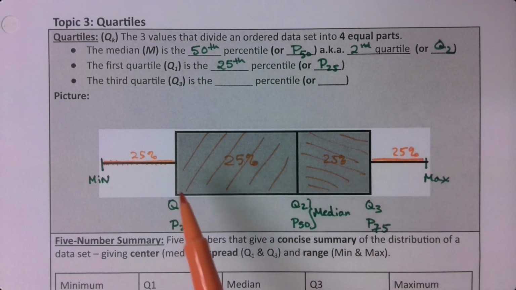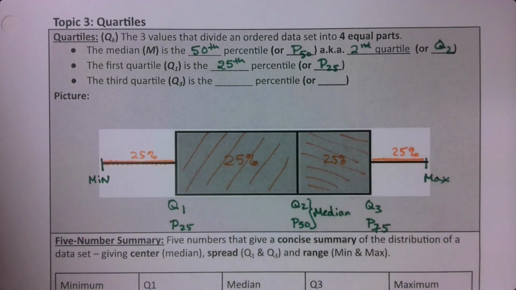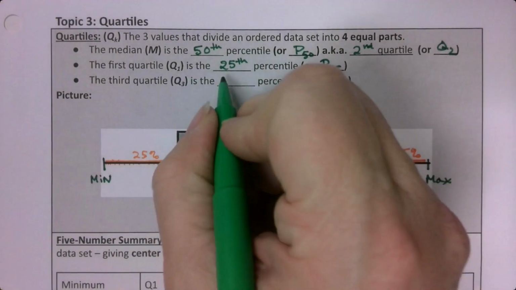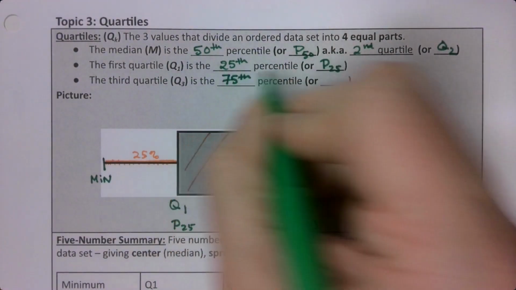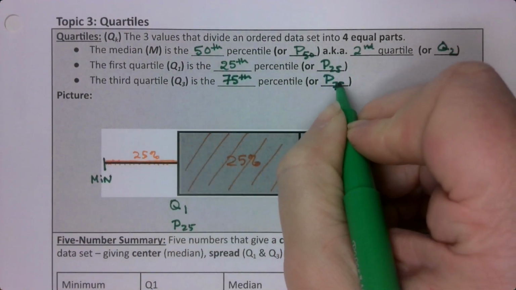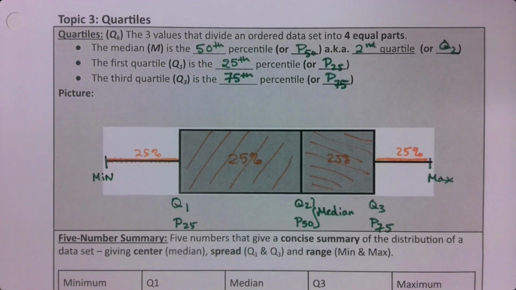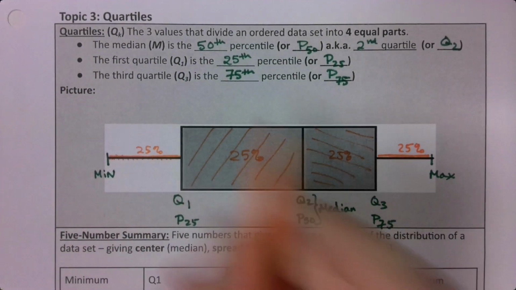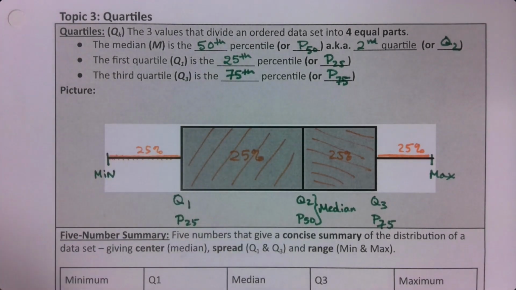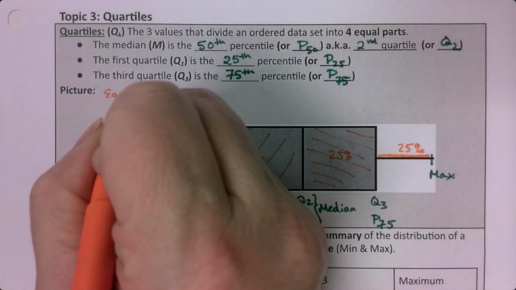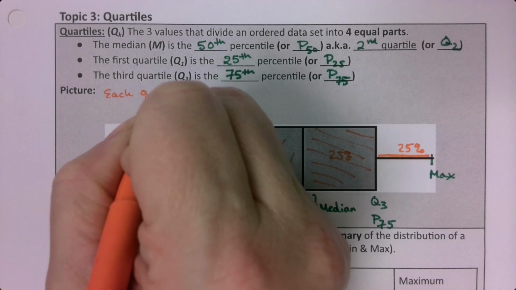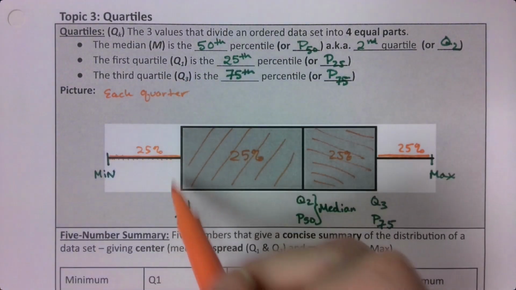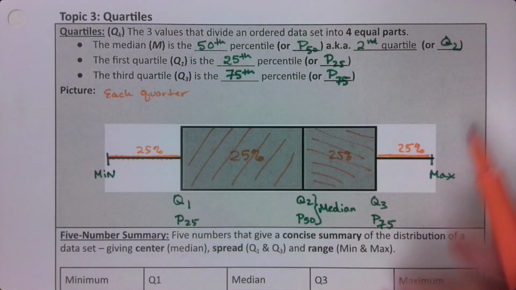It's that they're equally spaced in terms of the percentage that's available for each one. So this is the 75th percentile, or P75. Each section, each quarter has 25% of the data values. And the quarters are cut off or marked off by those quartiles.